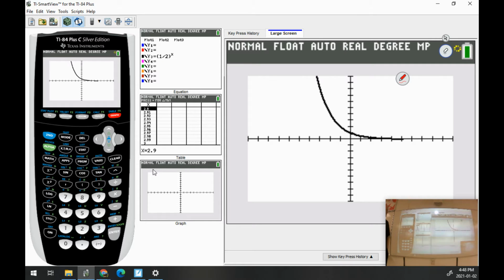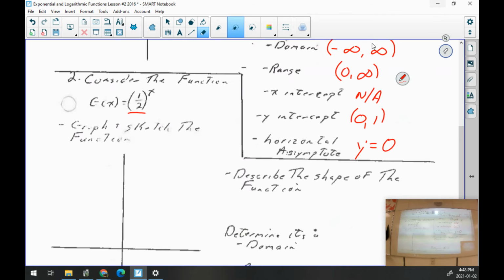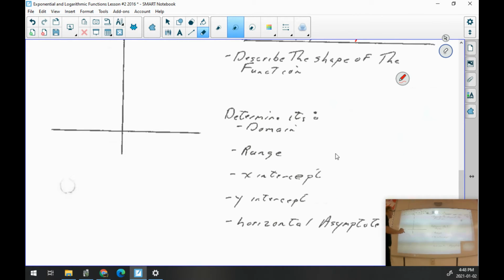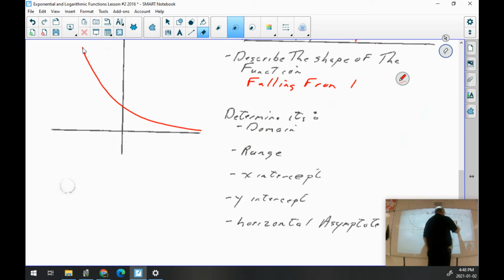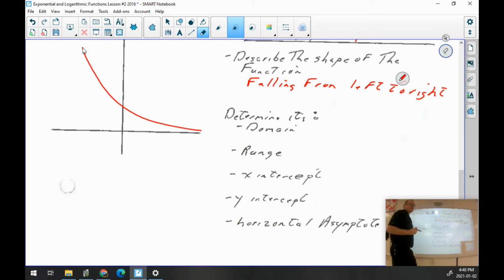The shape of our graph is falling from left to right. Also decreasing. And so exponential decay is one of the ways that, if we have a graph that looks like this, we have an exponential decay.